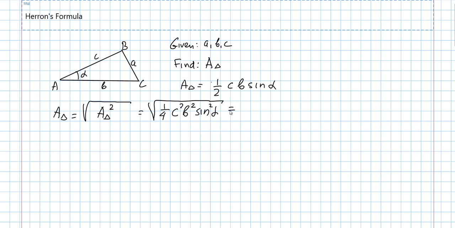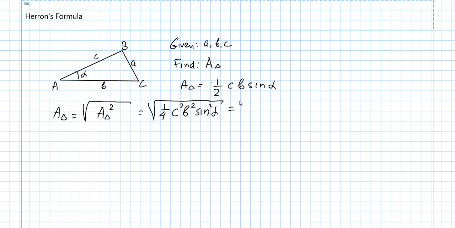So I introduced a square root, but in return I now have sine square alpha, not sine alpha, and then it's easy for me to convert to cosine alpha.